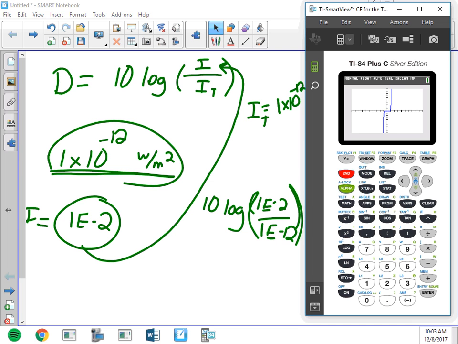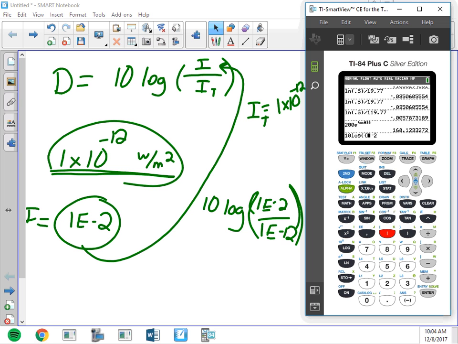So to type that in, we just do 10 log of 1, and there's an EE button. I've forgotten where it is. Right above the comma. See how it says EE? Second EE, negative 2. And actually, you need to put that in parentheses.